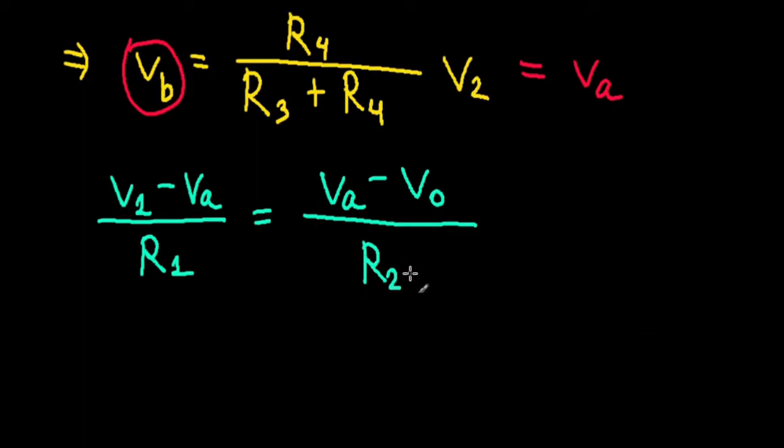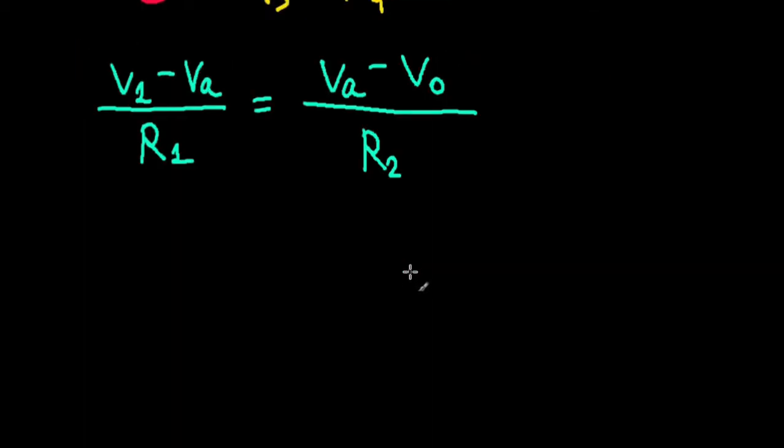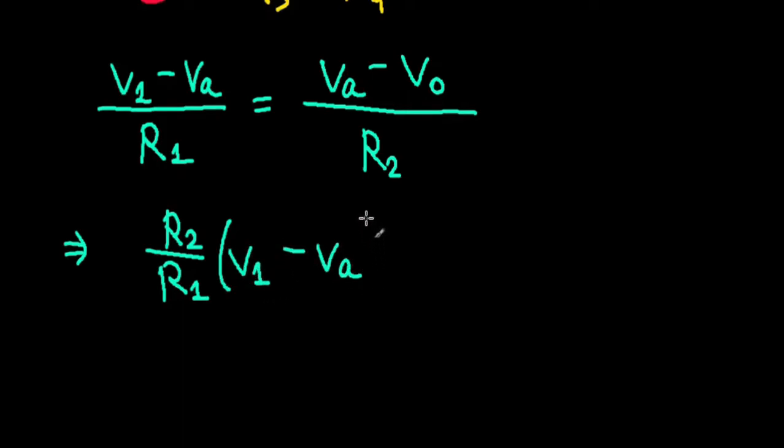Now we're trying to solve for V output, so let's multiply by R2. What we get is R2 by R1 times V1 minus V sub A equals V sub A minus V output.